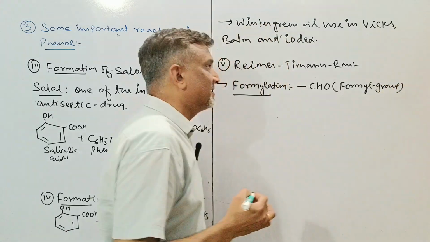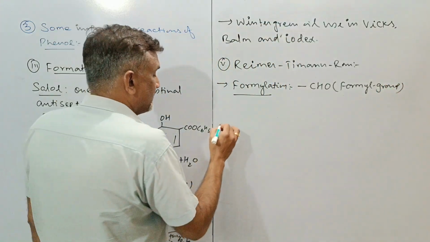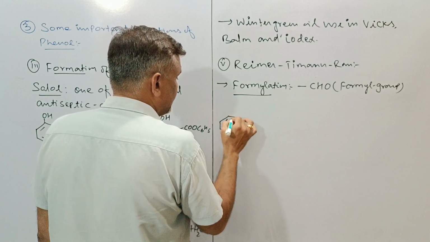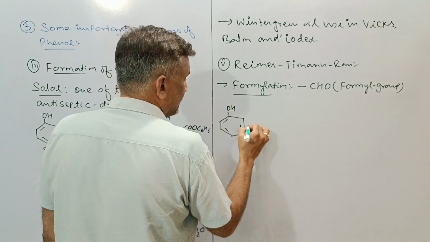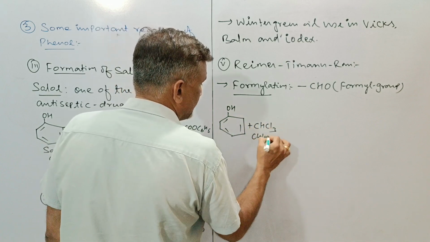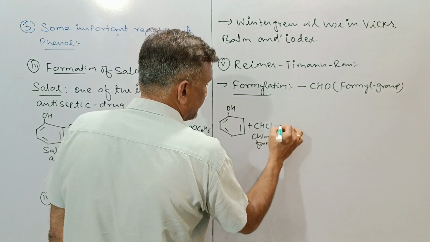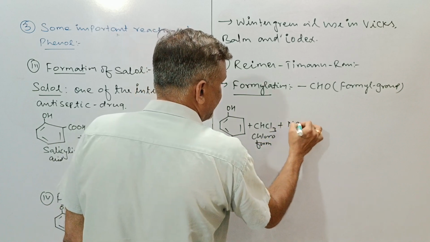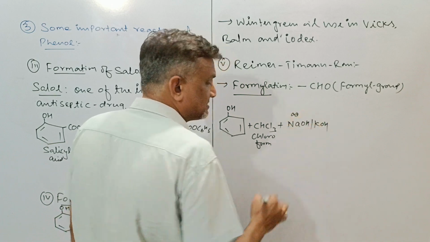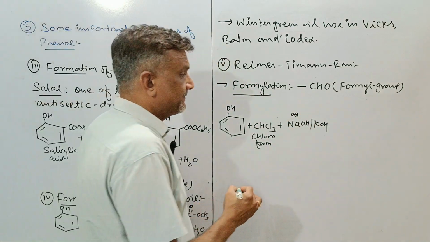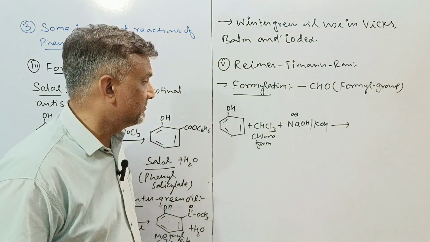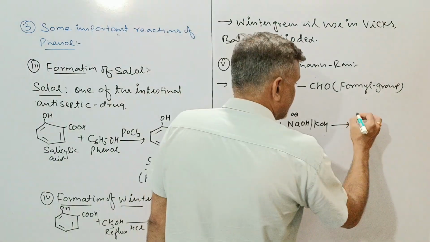That's why it is called as Reimer-Tiemann formylation. For this, what will be? This is the phenol. Again, we will treat it with chloroform CHCl3. Here will be use of NaOH or KOH as the aqueous. So what will be? Here will be formation of one of the middle product like this.